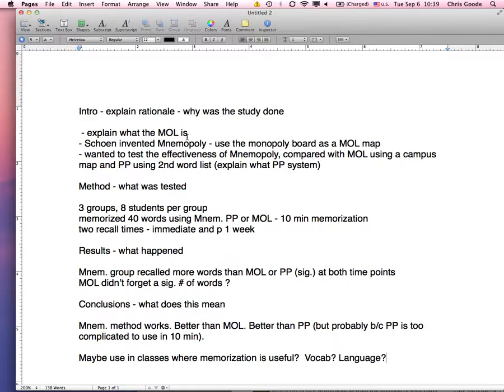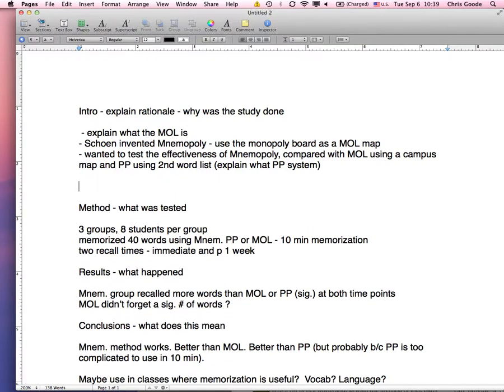So I would show you what I would do. I would come down here and just finish my introductory paragraph. I would say something like, it says explain what the method of loci is.